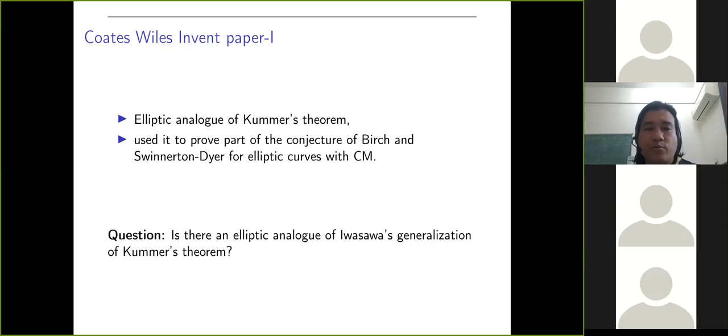So with this question in mind, they started to think about whether the elliptic analog of Iwasawa's generalization of Kummer's theorem is valid or not. This was done by Coates and Wiles in an Inventiones paper.